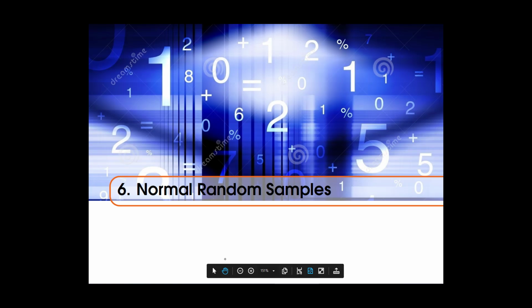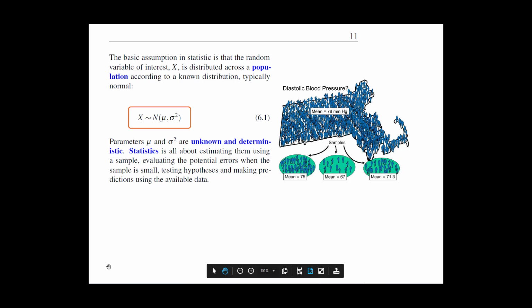All right, so let's start with chapter 6. Finally, we're starting to talk about statistics. All right. So let's talk about normal random samples. So in statistics, the main assumption is that the population random variable of interest, we're going to call it x, is normally distributed. Okay, so like in the figure, it's about blood pressure, right?